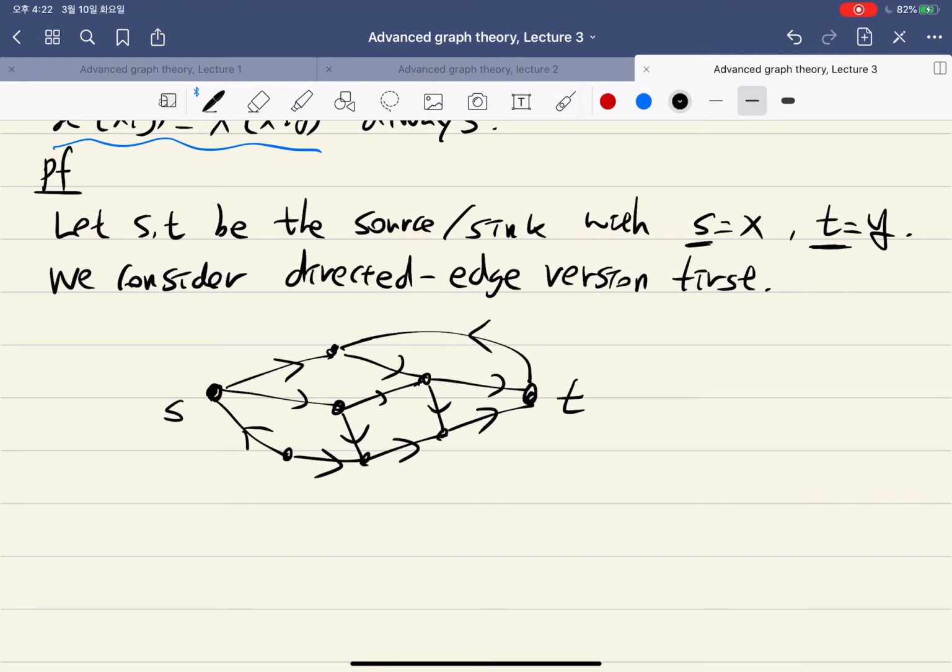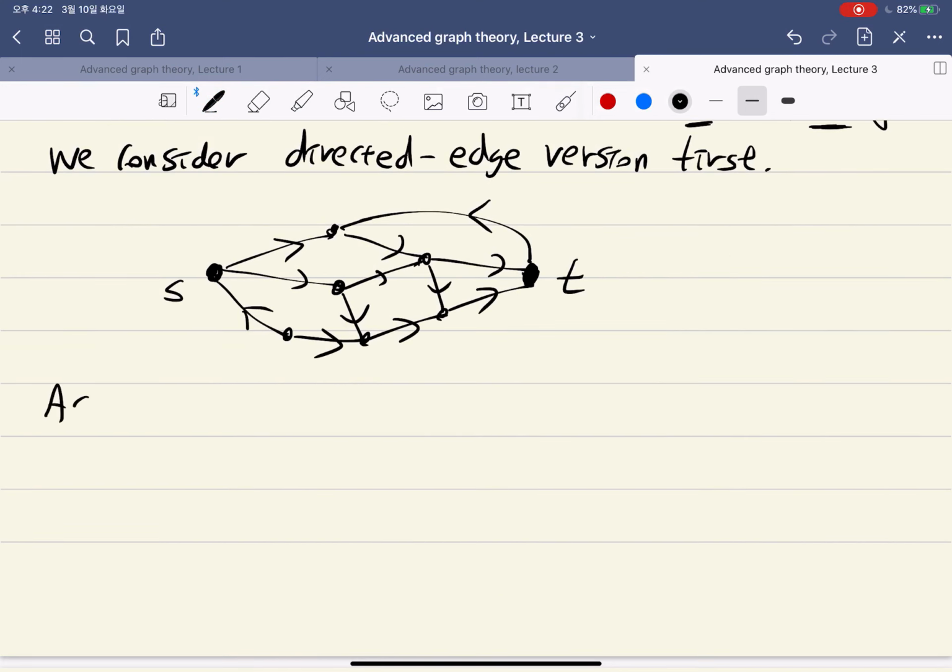For that, we designate the source and sink. And we also have to assign some capacities for the edges. So what we do is we assign each edge a capacity 1. So now each edge has a capacity 1.